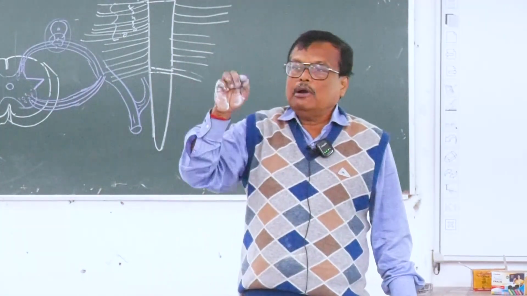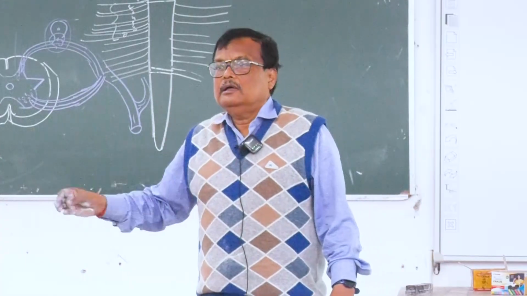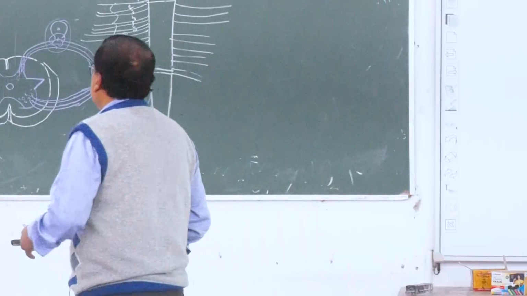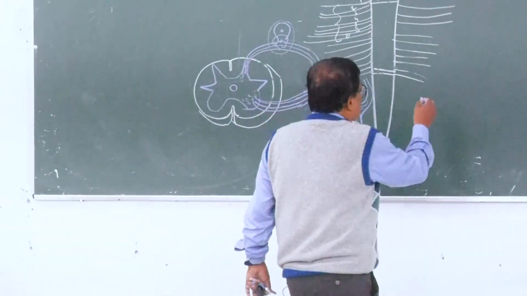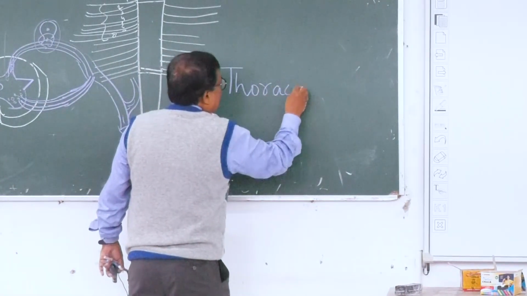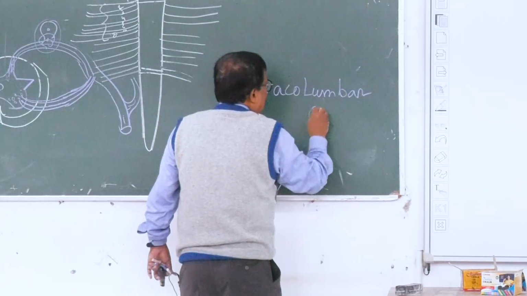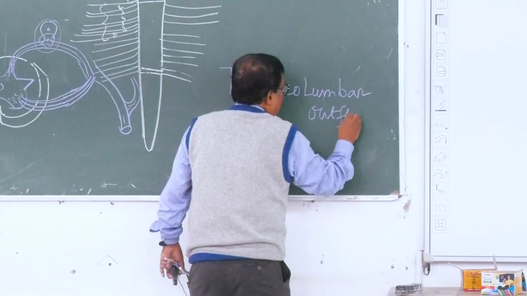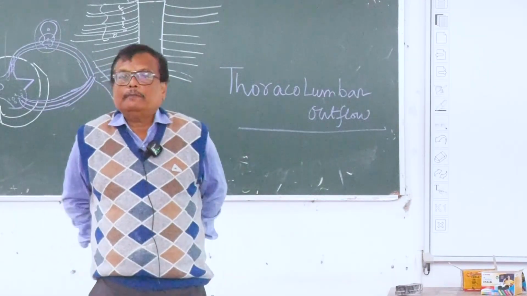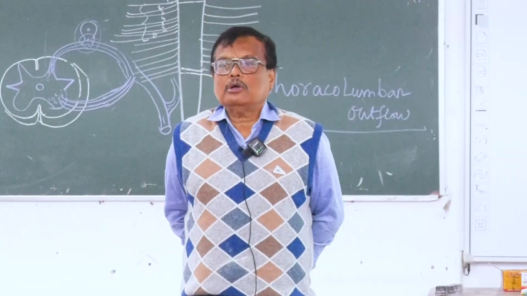And from T1 to L2, the spinal sympathetic system that comes out of the lateral horn we call thoracolumbar outflow. Why is it called thoracolumbar? Can you tell me?